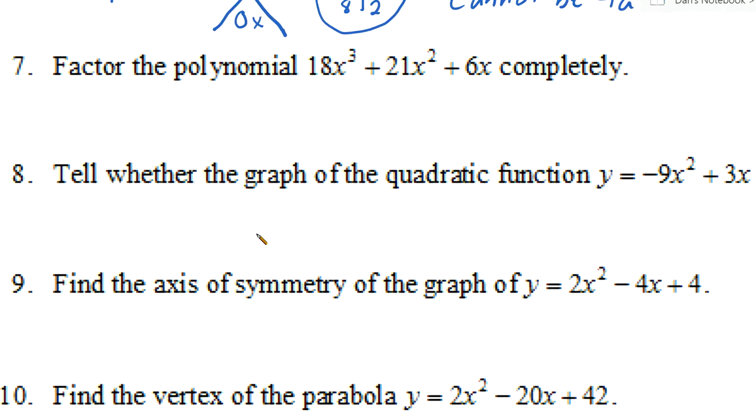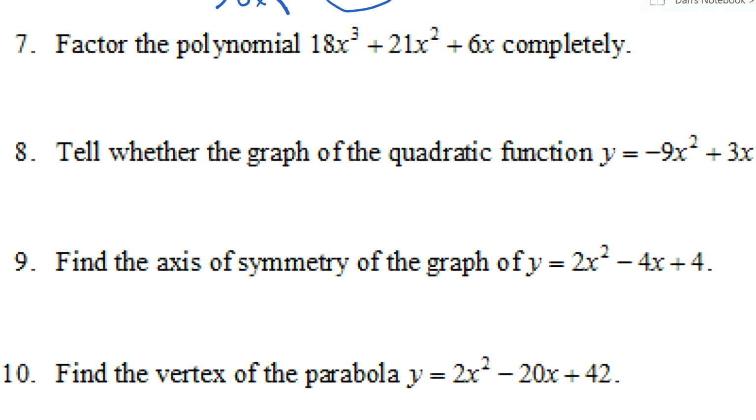Okay, 7 is a little bit tricky. And 7 is tricky because it says completely. This is the word we're looking at here, completely. That gives us a hint that there's probably something, a number or an x, that I can take out of each term. So I'm looking at the 18, the 21, and the 6. And I see that I can take a 3 out of each one of those. I can divide a 3 out. So I'm going to divide a 3 out first. And also I see they all have x's.